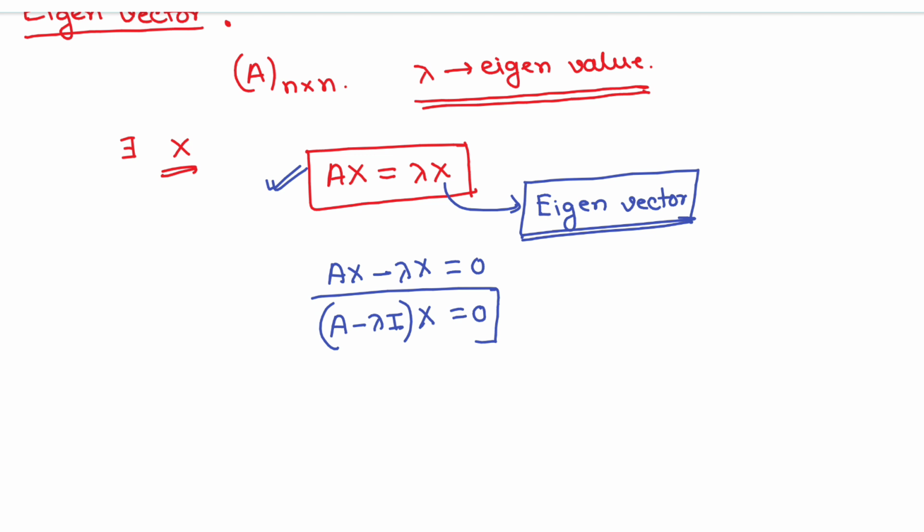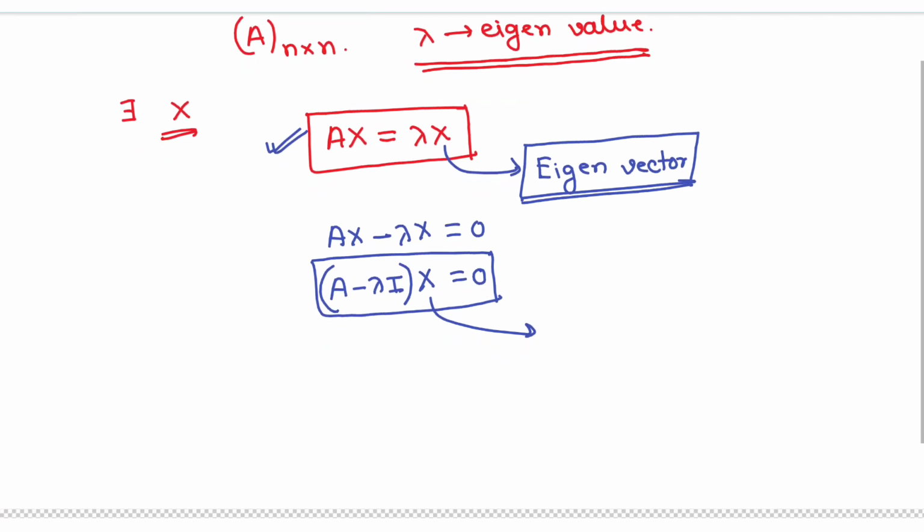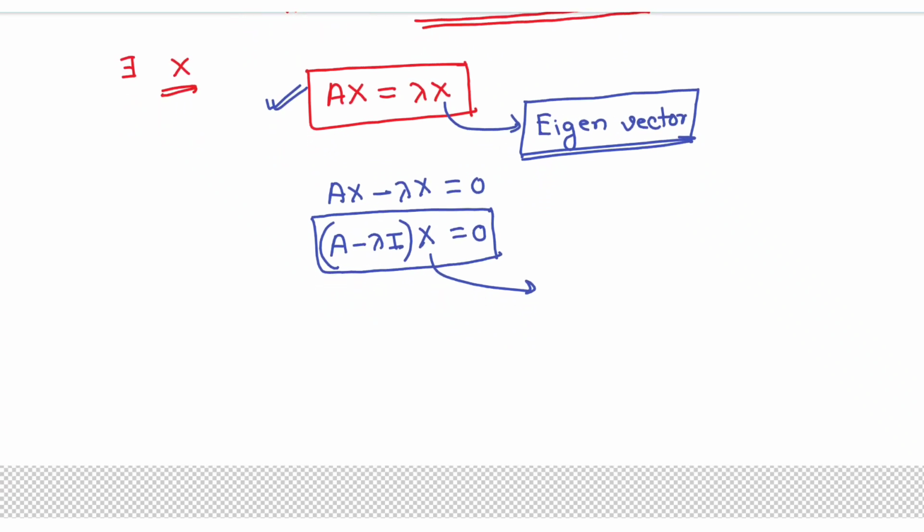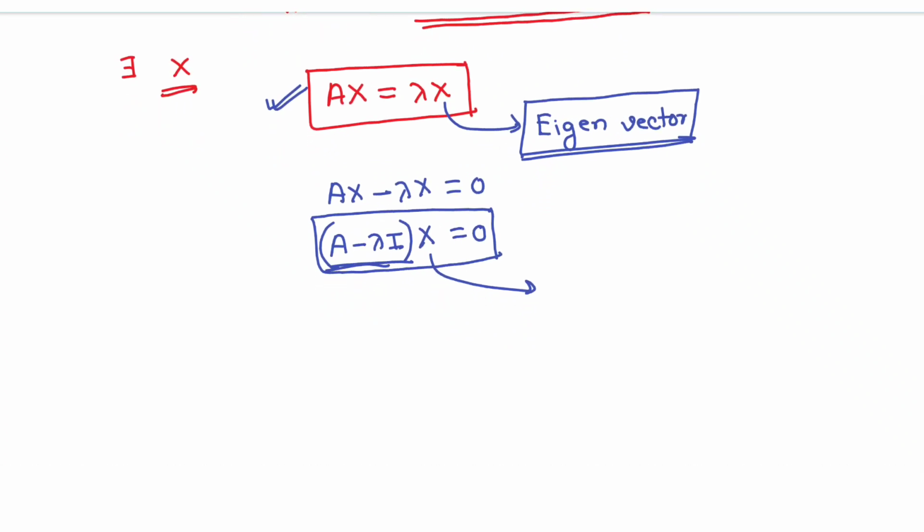That means when you have an eigenvalue lambda, you have to satisfy this equation, and then you have to find the vector X. That X will be your eigenvector.